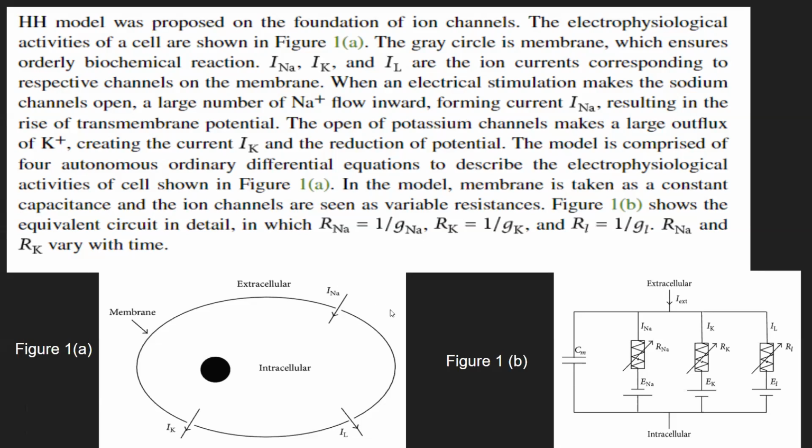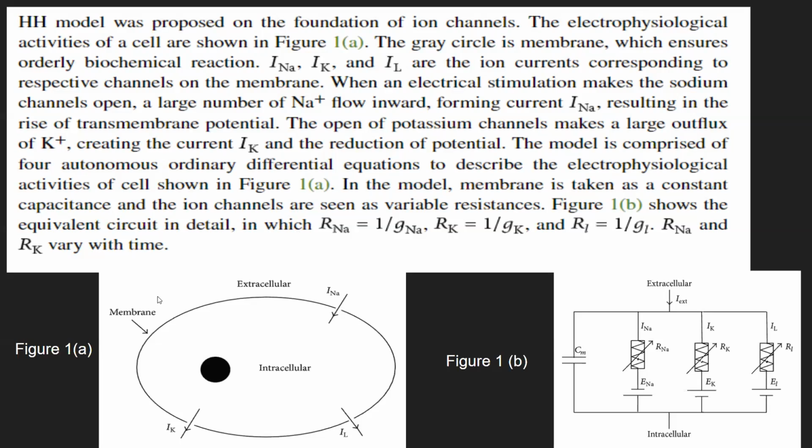When an electrical stimulation makes the sodium channels open, a large number of sodium ions flow inward, forming current I sodium, resulting in the rise of transmembrane potential. The opening of potassium channels makes a large outflux of potassium, creating a current I potassium and the reduction of potential.